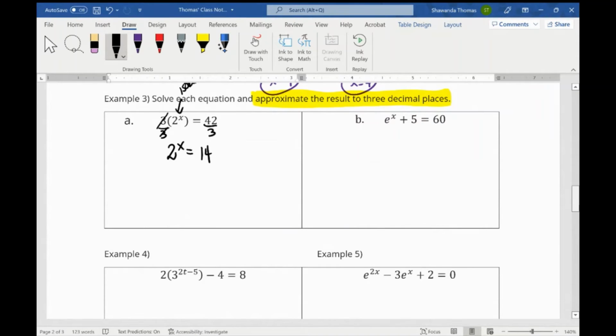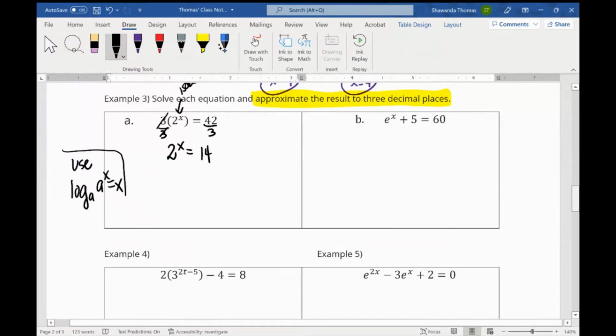So in a situation like this, we would definitely have to use other methods of solving for x using logarithmic form or exponential form. All right, so what you could do, for example, is use this property, log base a of a to the x equals x. We can use this, right?